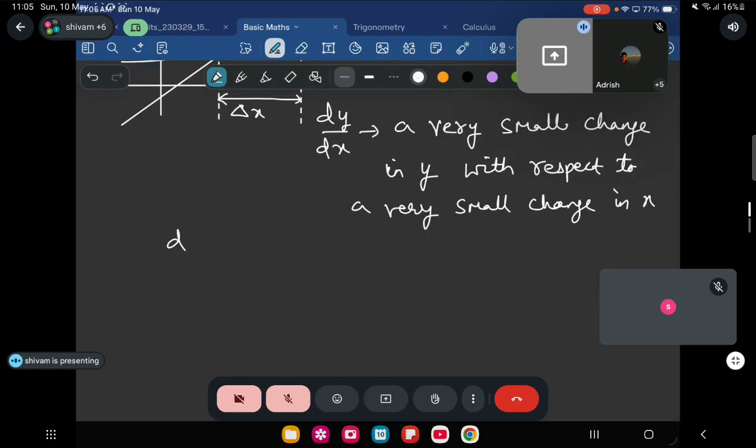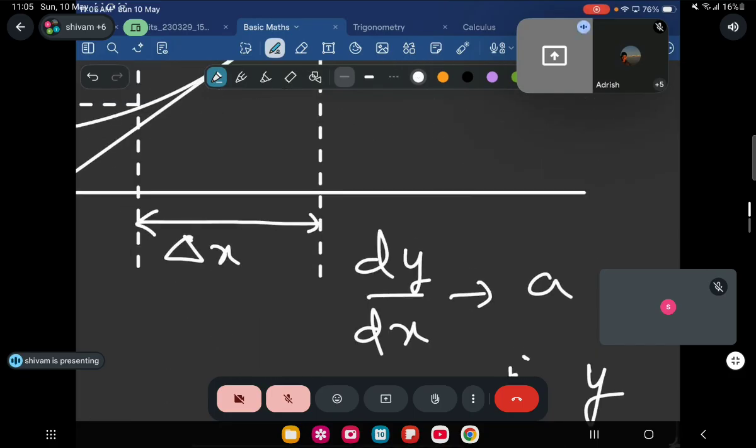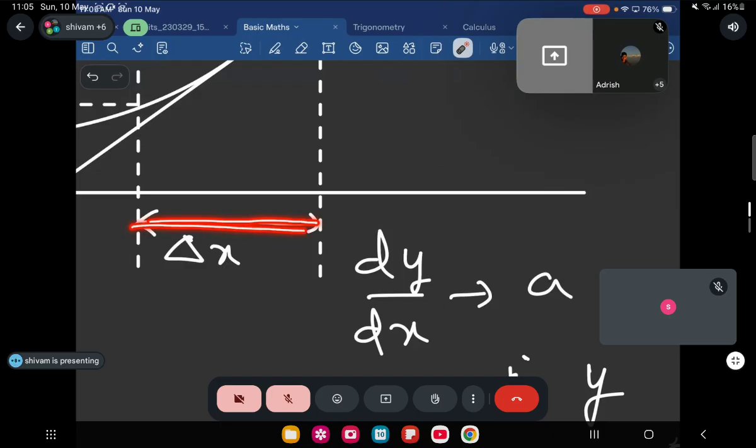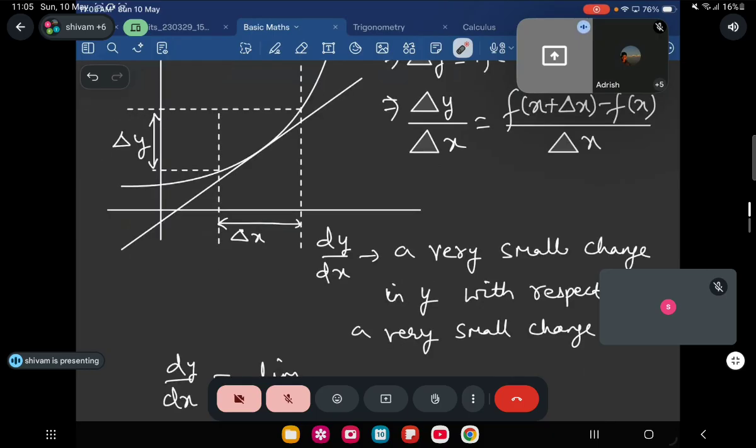So dy by dx will be equal to limit delta x tends to 0. Right? Means the difference, try to understand. The difference between the interval will tend to 0. Are you getting? It's very small, negligible. Smallest possible you can think of.